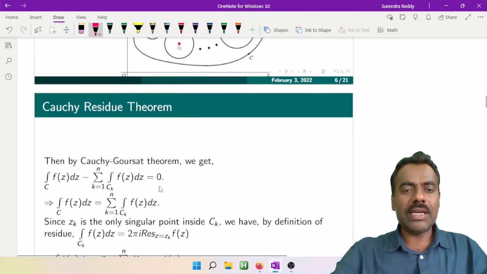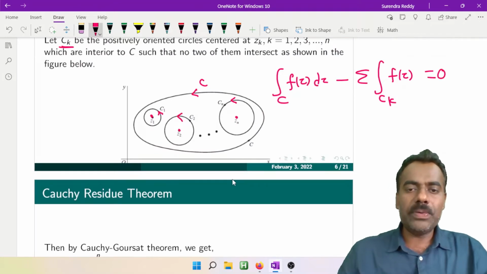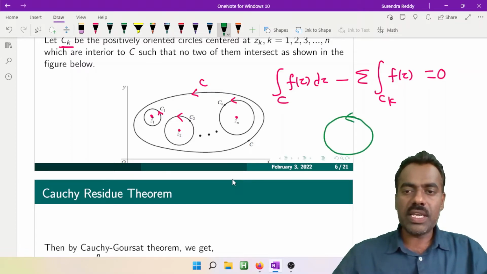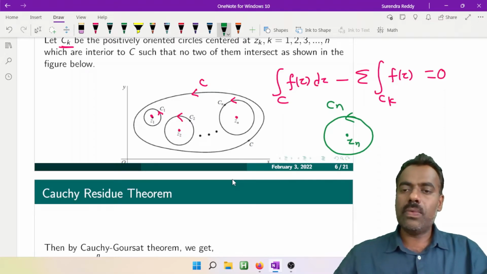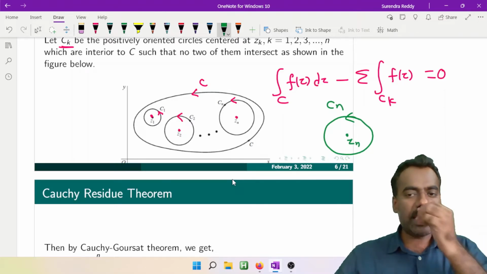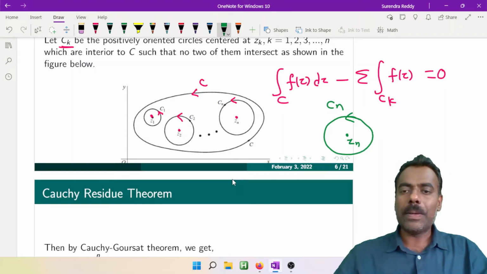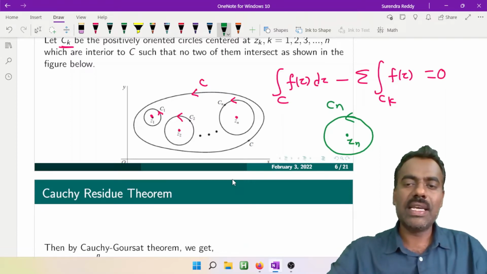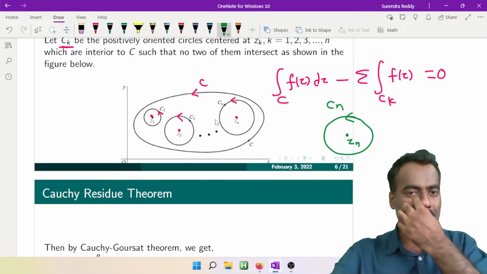Now, for each Ck, if you consider this Cn, and you have zn, in this one f is analytic everywhere except at zn. So the integration of f of z over Cn is nothing but 2 pi i times the residue at zn, right? It is true for all of these inside ones.